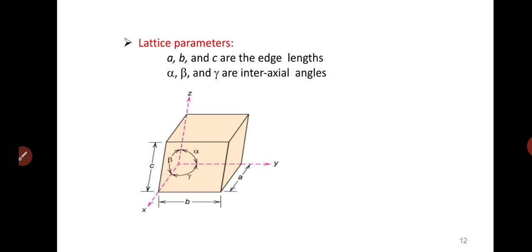Now consider a three-dimensional structure of the unit cell, that is a cube. There are 6 parameters used, that are called lattice parameters. A, B, C are the lengths of the edges of the cube. Then alpha, beta and gamma are the interaxial angles.